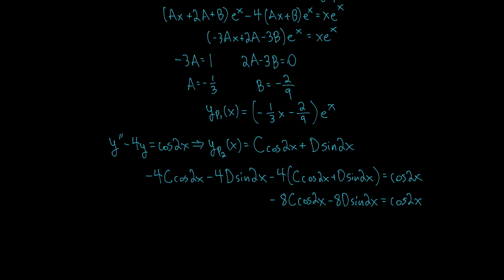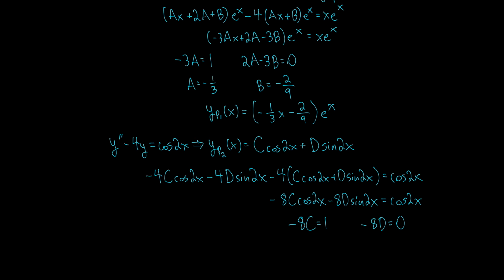So notice we have no sines on the other side. We only have cosines. So that means that this coefficient should be 0, and we only have one of these cosine 2x's, so this -8c should be equal to 1. So this is 1, -8d is 0. So now we know that c is -1/8 and d is 0.